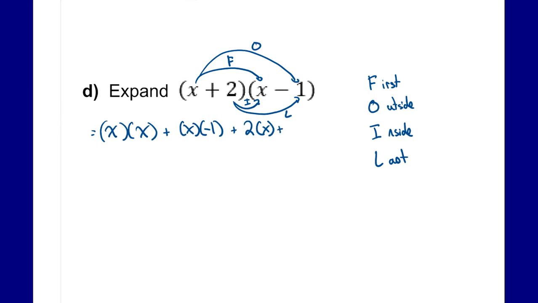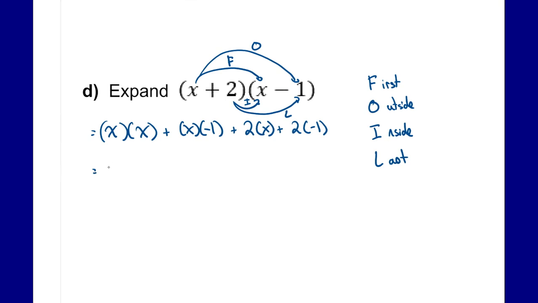So I'm going to multiply 2 times negative 1. So it's the same idea that we've been doing before. Now we're just adding an acronym to distinguish the pairs of numbers that we're multiplying. You don't need to show the FOIL. It's just there to help you, but keep in mind it is specific to binomials like this.